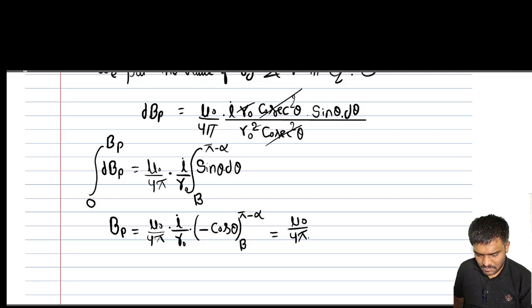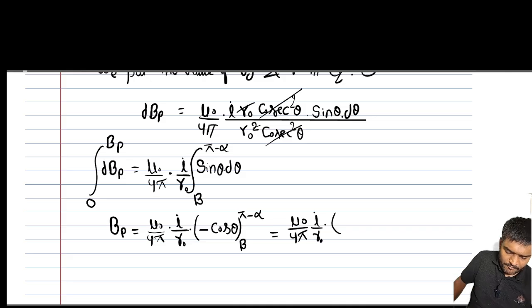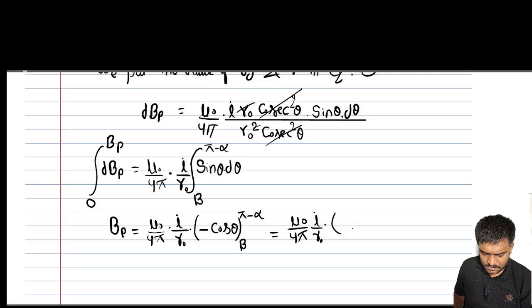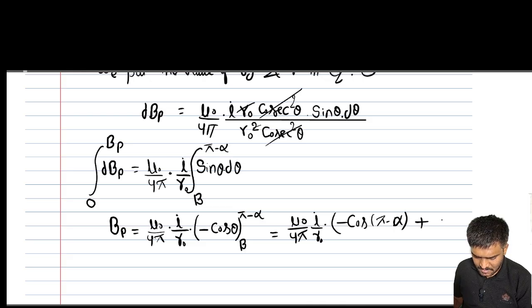After putting the value, minus cos of pi minus alpha, plus, minus the lower limit, minus and minus make plus, cos beta.